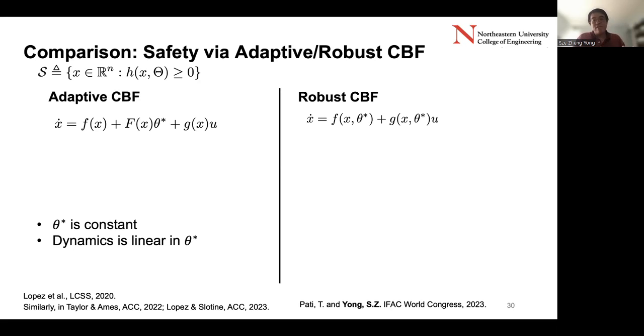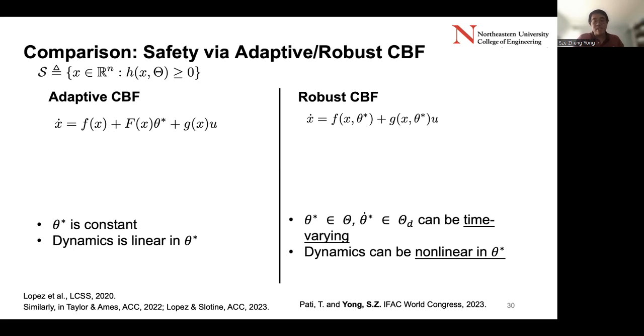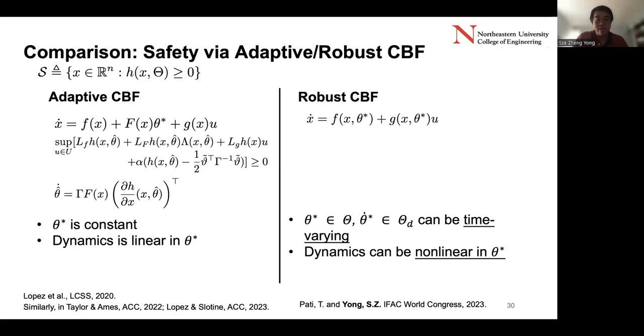What's different in our case is that we consider the case where the data can be time varying, and we also remove the assumption that the dynamics can be nonlinear.